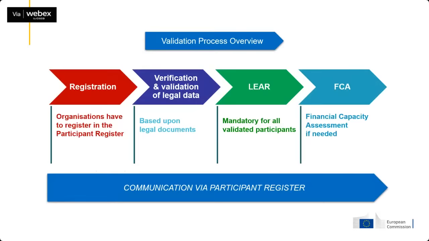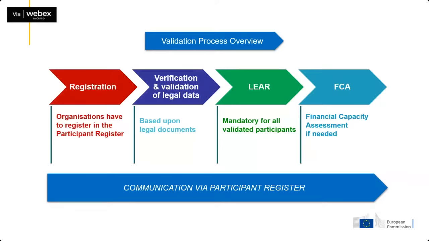On this slide, you can see an overview of the validation process, which starts with the registration of your entity. When you obtain a participant identification code, or a PIC number, then even though they are shown one arrow after the other, the verification and validation of legal data, the LEAR appointment, and the financial capacity assessment are happening simultaneously.